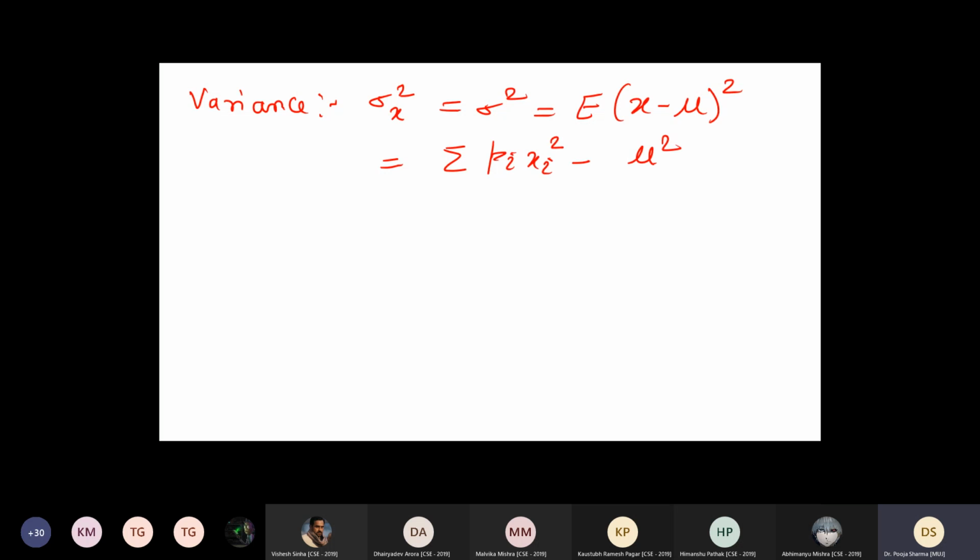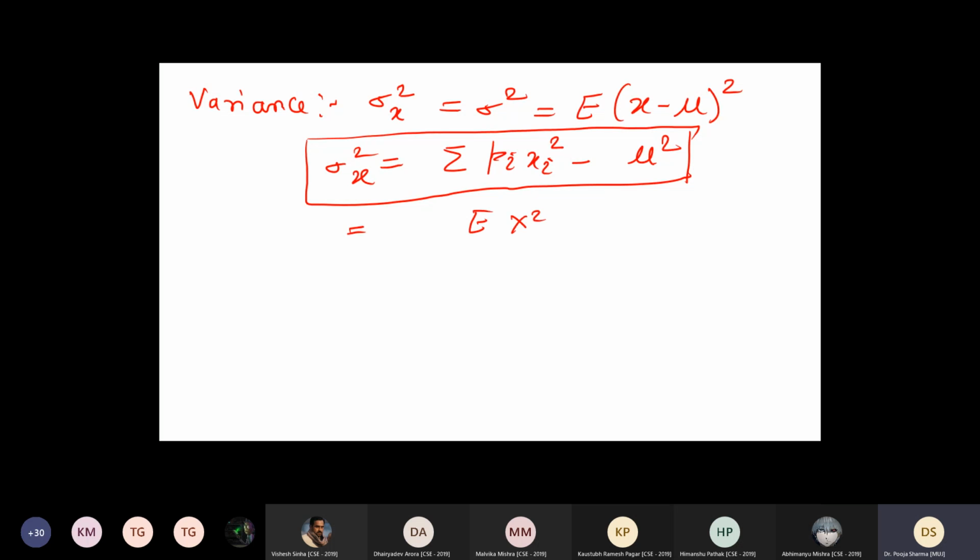So basically the formula you use most for variance is this same one. Even you may write it in the form, what is that basically? The first term, pi xi square. How to write in the form of expectation? This is expectation of x square, isn't it?